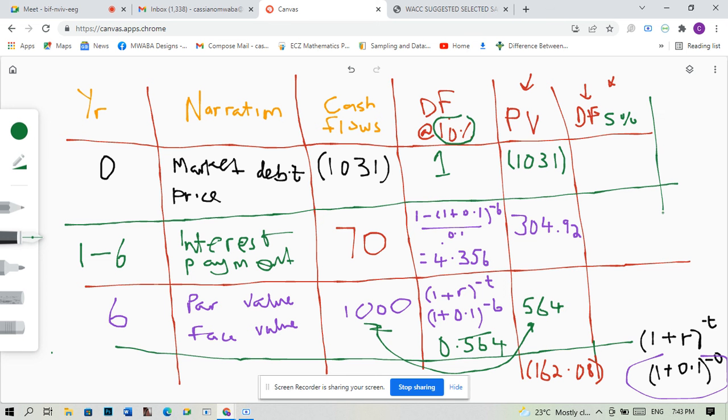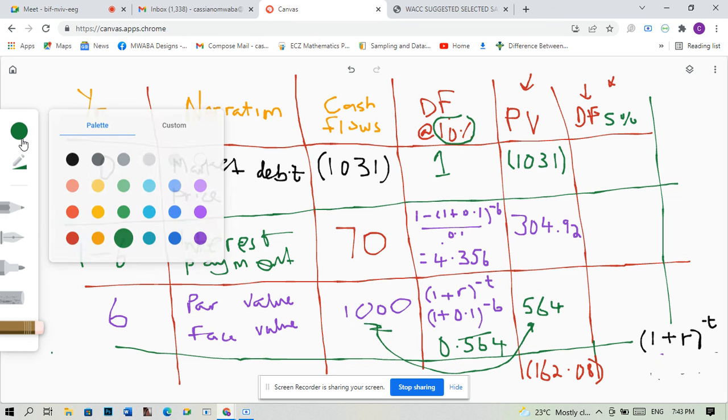We're going to repeat the process again. The discount factor for year 0: we're still using the same formula, 1 plus r to the power negative t.